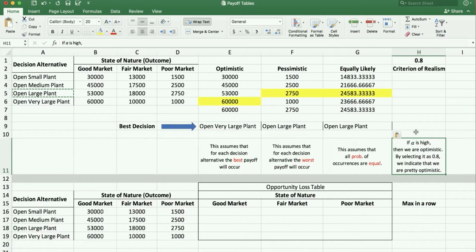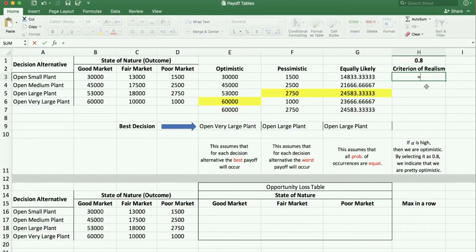So in this case, let's say that we selected 0.8 to be our alpha value, and what we do is we multiply the alpha value by the maximum payoff plus 1 minus alpha, so 1 minus 0.8 times the worst payoff for this decision alternative.